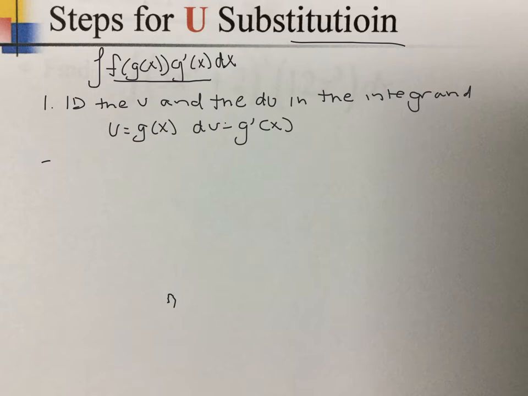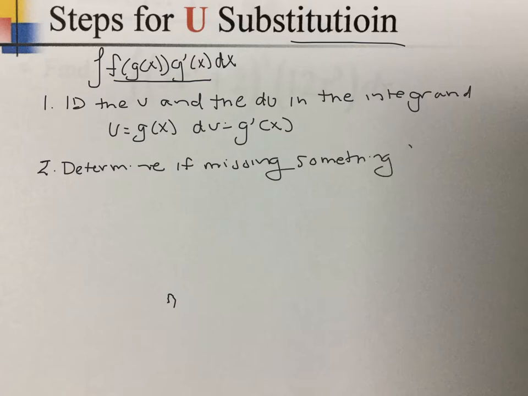Okay, our next step, which we're going to come back to, is to determine if you're missing something from the g prime of x. Okay, so that's going to be a standard rule.